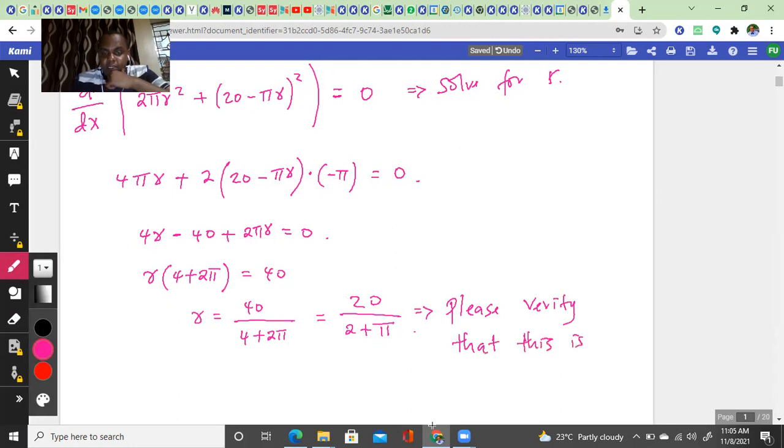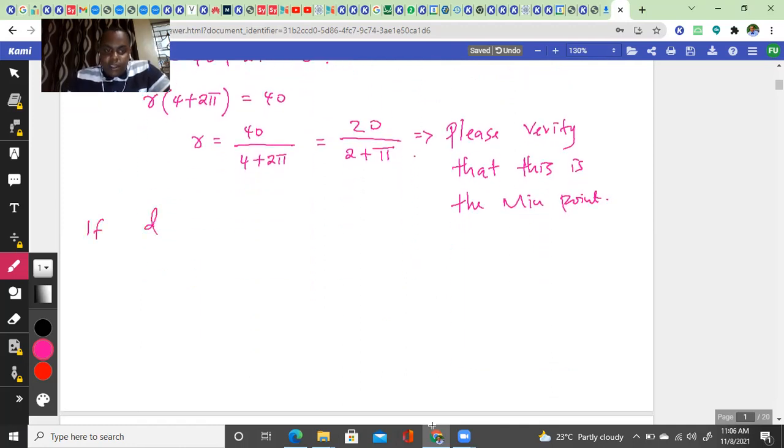Let's see. If this is a minimum point, then if we plug in a number greater than this, it should return a positive number. You should do that using the second derivative.